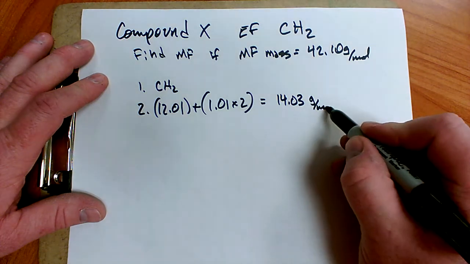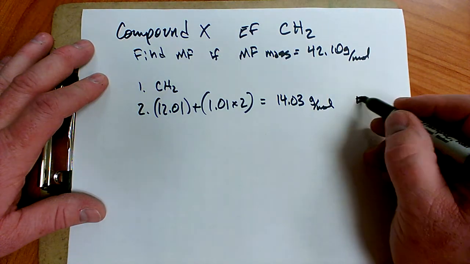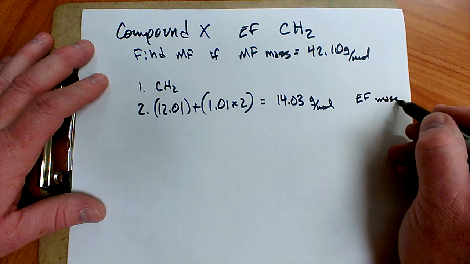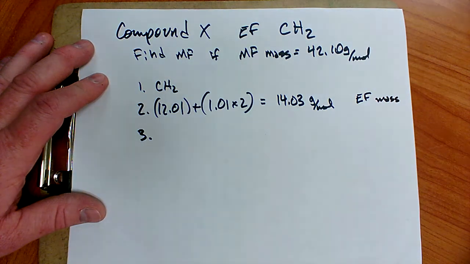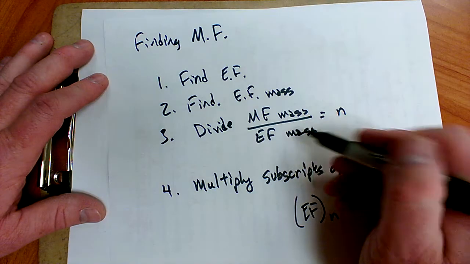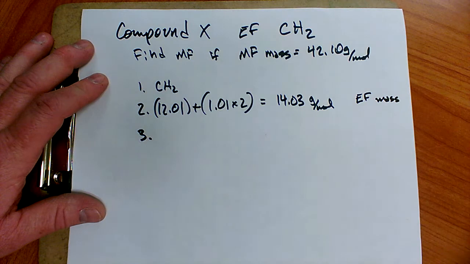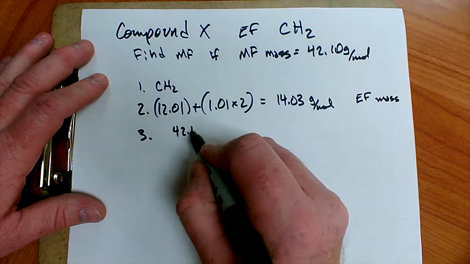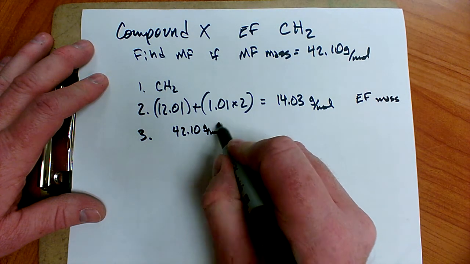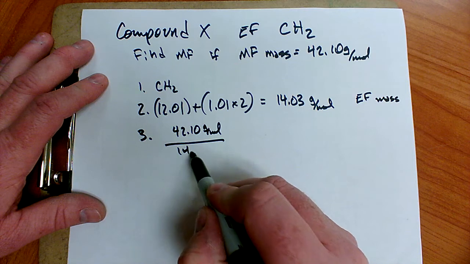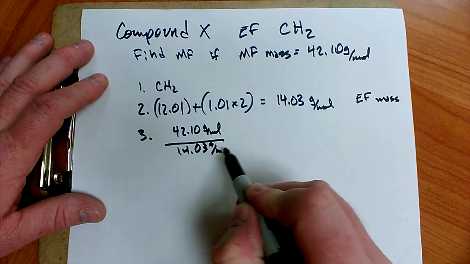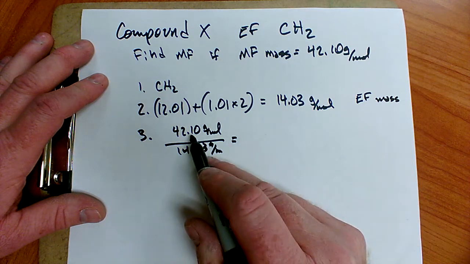That's my empirical formula mass. Step number 3 is to divide molecular formula mass by empirical formula mass. In other words, molecular formula mass divided by empirical formula mass. And I do that, and I get 3.